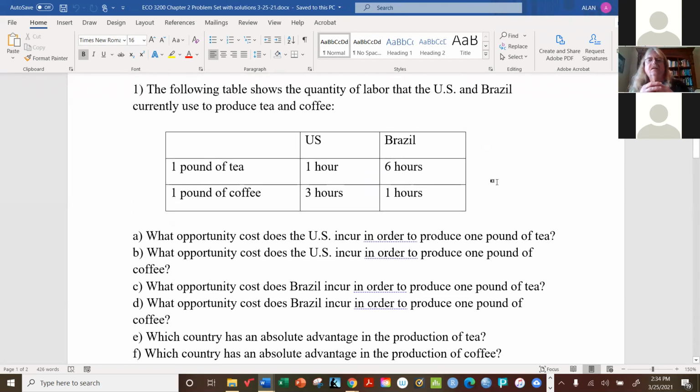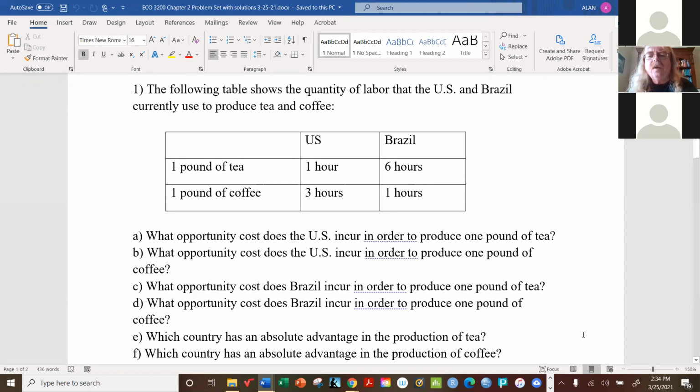What they're telling us here is that in the US, we can make a pound of tea with an hour of labor. In Brazil, it takes 6 hours. Whereas at the same time, though, a pound of coffee requires 3 hours of labor in the United States, and it takes only 1 hour in Brazil. All right, so we're going to answer a bunch of questions about comparative advantage and opportunity cost.